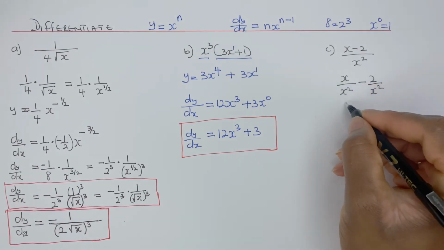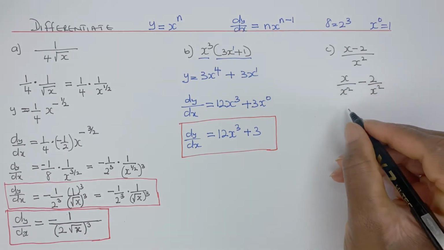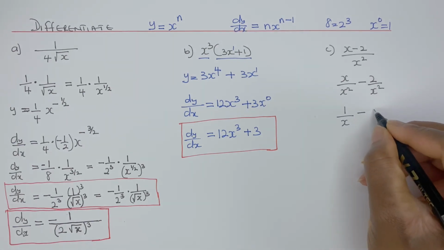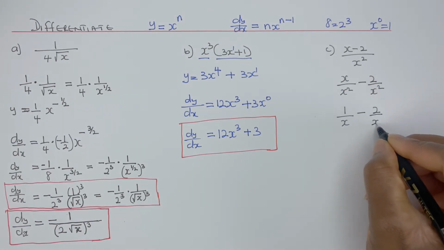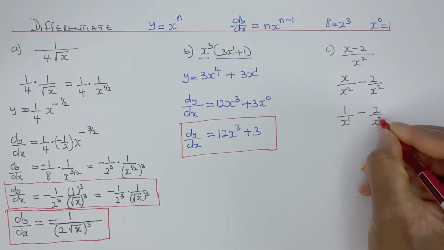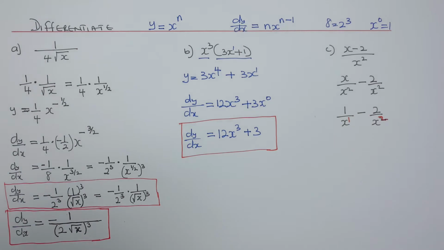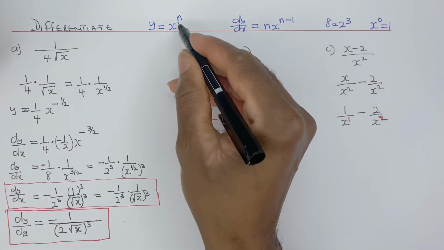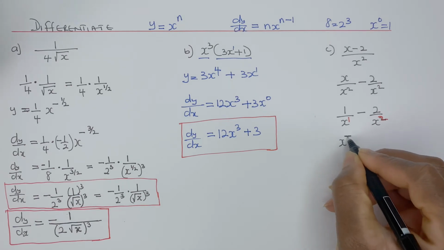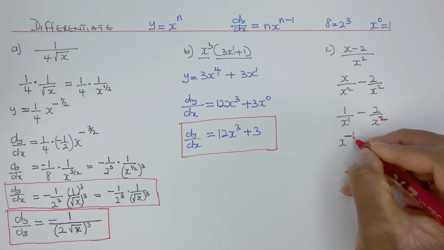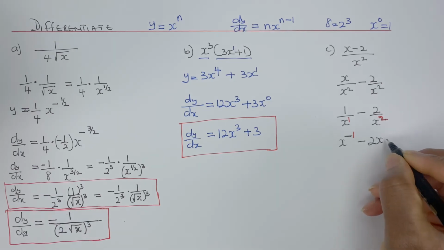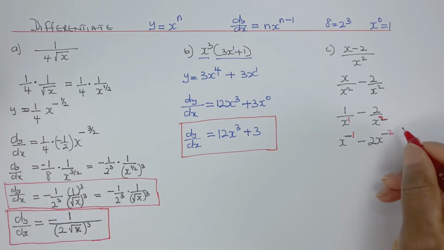Now you can simplify that. x cancels x, so you're going to get 1 over x minus 2 over x squared. Don't forget this is to the power of 1, and that's to the power of 2. Now I'm going to write this to look like that. So that will be x to the power minus 1 there, minus 2x to the power minus 2 there.